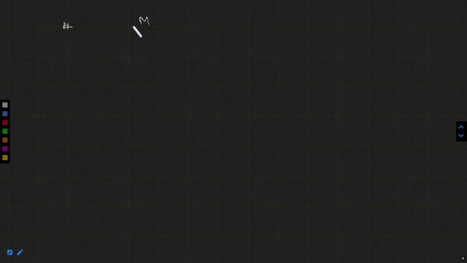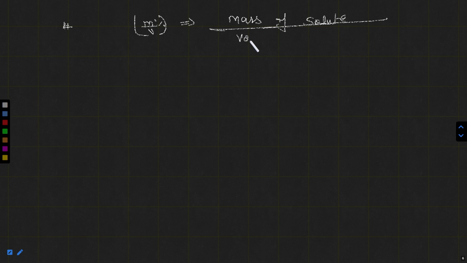What will be the formula for M by V percentage? You can write mass of solute divided by volume of solution and multiply with 100 for percentage.